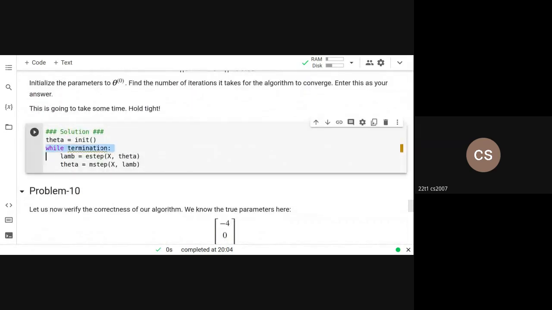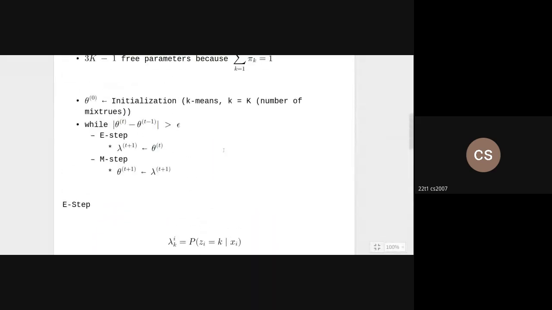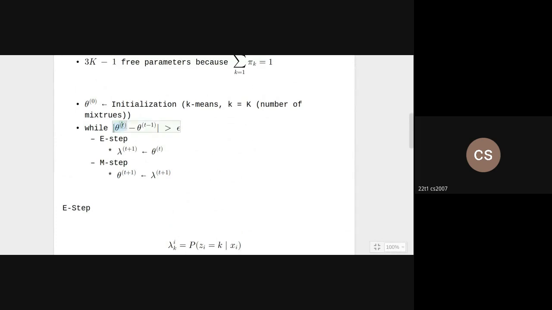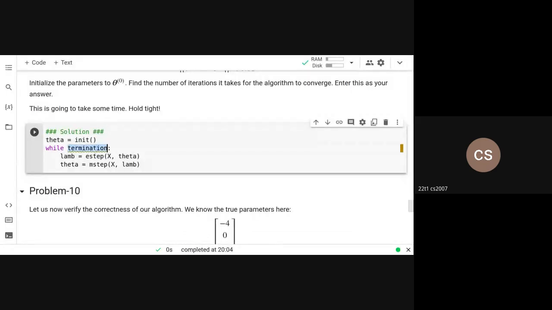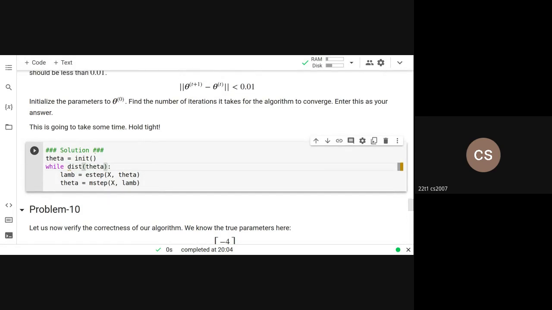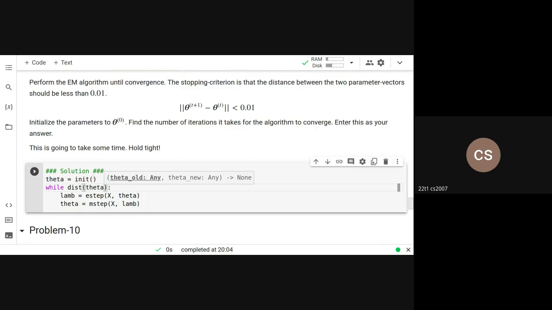So termination is what? You remember what the termination was here, we said while the norm is greater than epsilon, keep running. That is exactly what you are going to do. While the distance is, we need two thetas, we'll come to that.